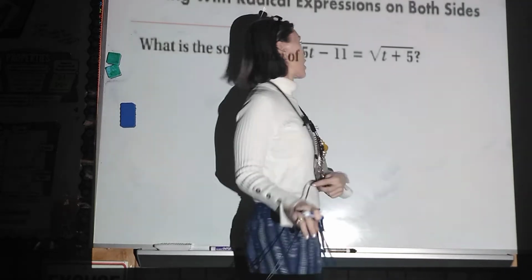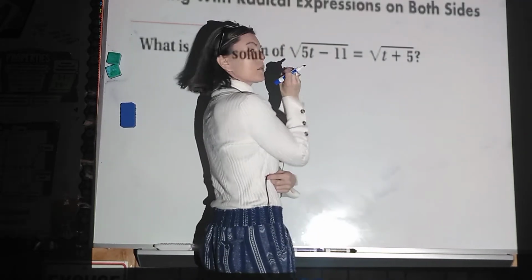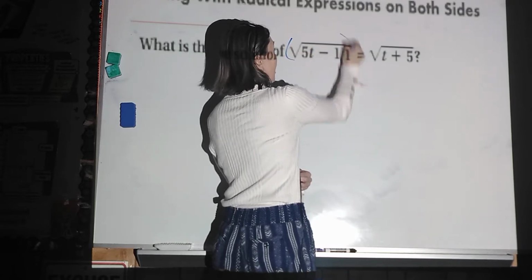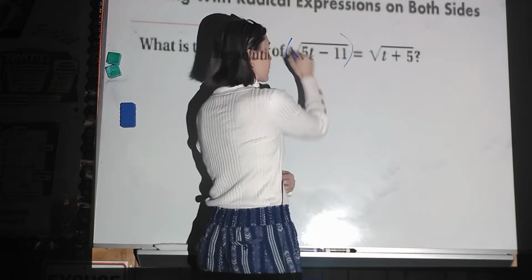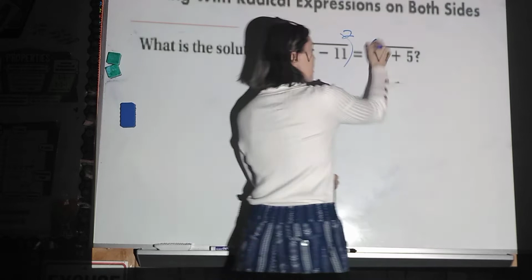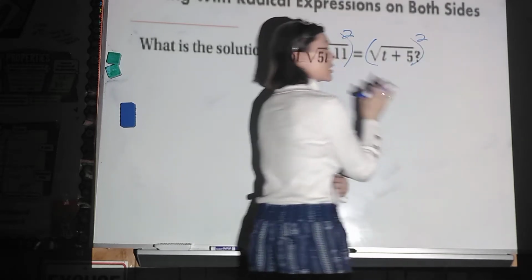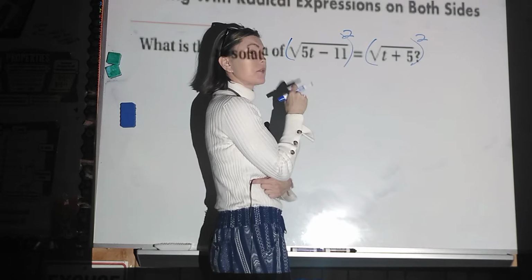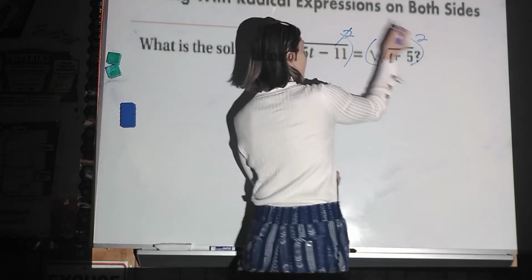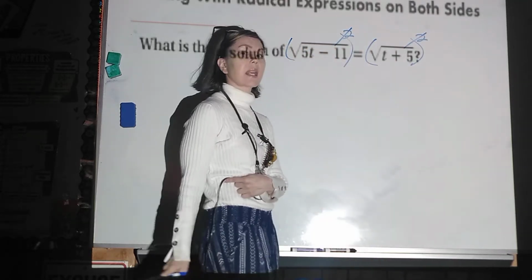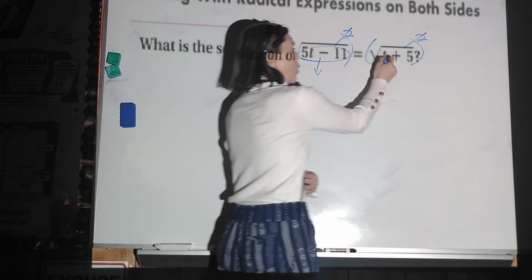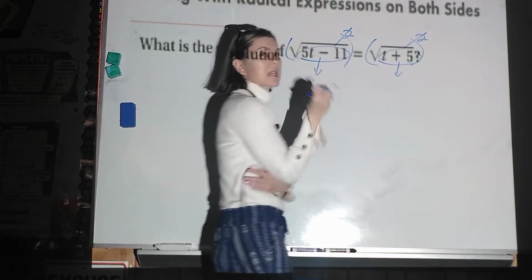Fabulous. So, how do we do that? How do we get rid of the radical, just like we just said? By doing the opposite of taking the square root of something, which is squaring it. So, write this in your notes. You're going to square both sides. That's the opposite of taking the square root of something. And what happens? That squared cancels out the radical, and you bring down, folks, what is inside the radical.